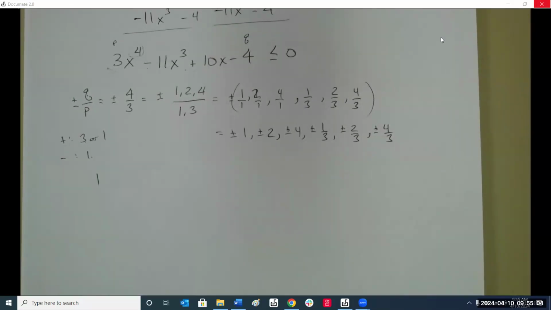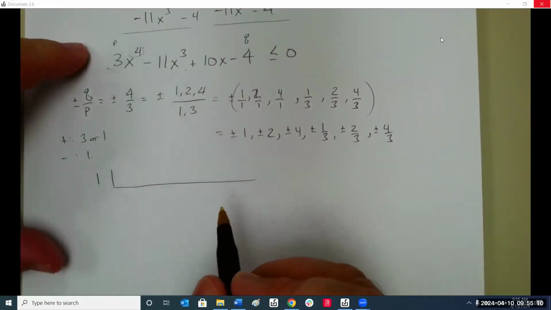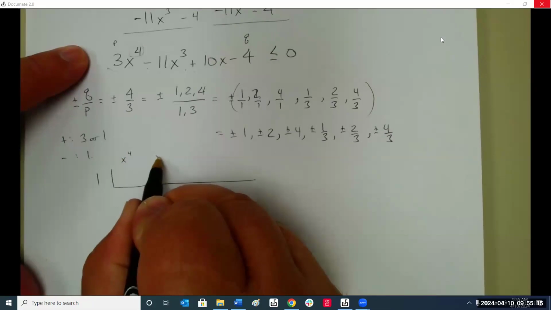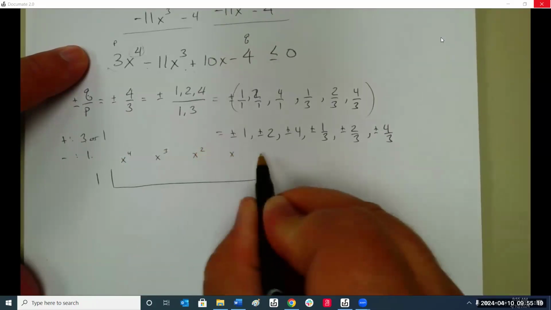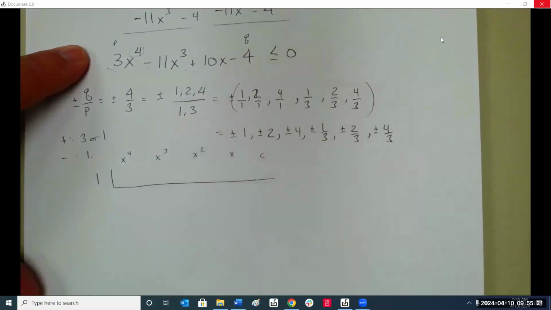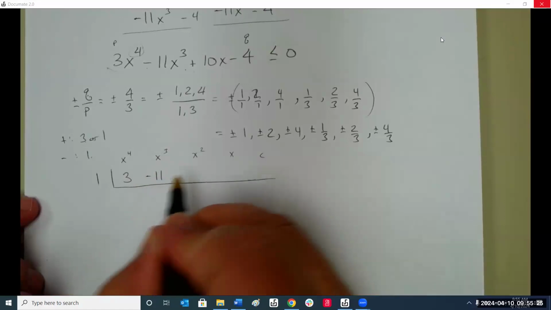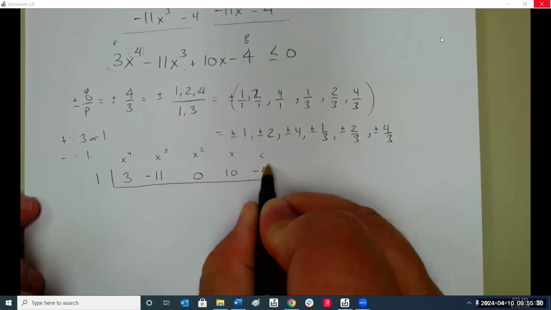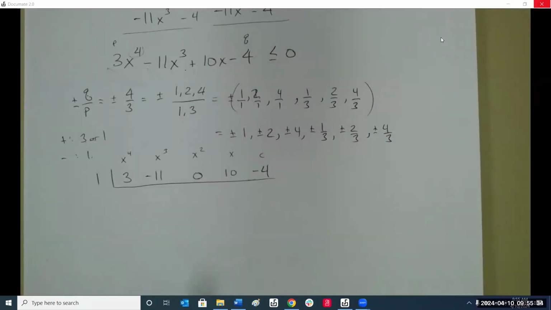We're going to use 1. What do we put inside this division thing? Here's x to the fourth, x to the third, x squared, x, and constant. Everything has to be allocated. 3, -11, 0, 10, -4. You have to make sure you put the 0 in place of x squared.